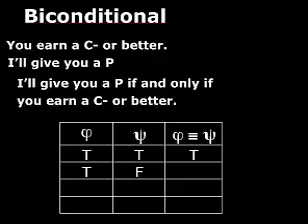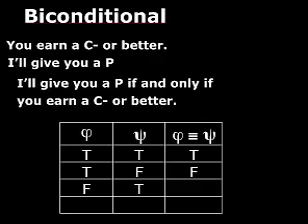Then did I lie when I told you that biconditional? Yeah, because I told you I would give you a pass if and only if you got a C- or better. Well, you didn't get a C- or better, so that's a lie.